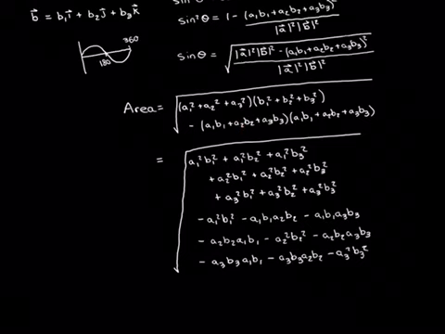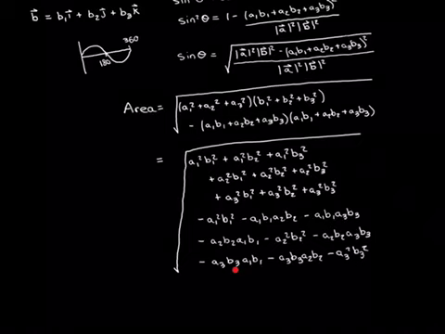Then we want to take this one and multiply it by all of these three, and we'll get minus a2 b2 a1 b1 minus a2 squared b2 squared minus a2 b2 a3 b3. Finally, we take this one and we multiply it by all of these three, and then we're going to subtract all of those off. So we'll get a3 b3 a1 b1 minus a3 b3 a2 b2 minus a3 squared b3 squared. Now clearly some of this will cancel.